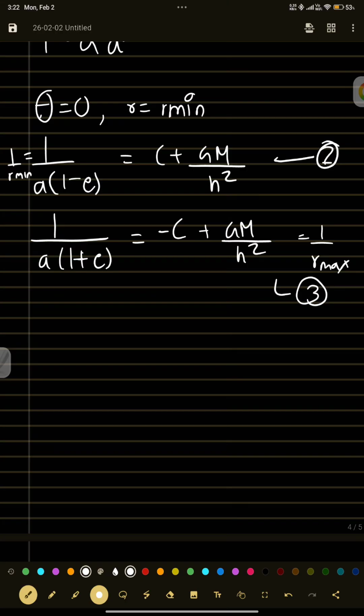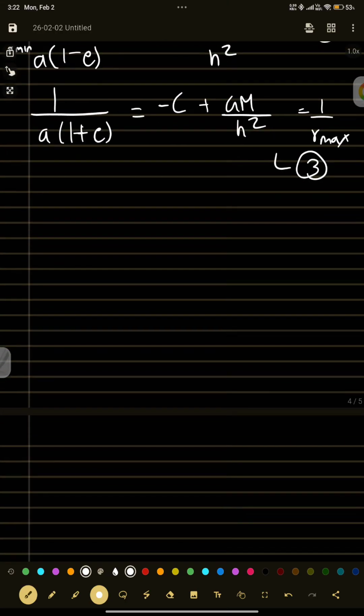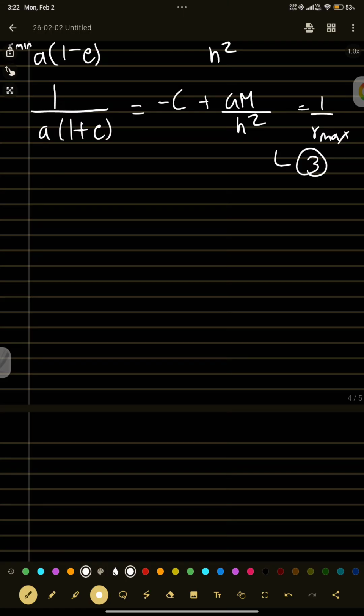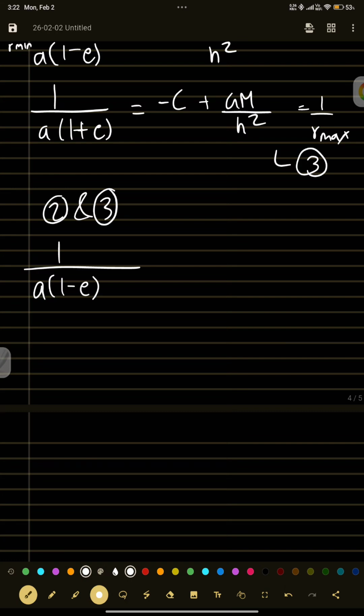So when you add 2 and 3, what you get is 2GM upon h square.